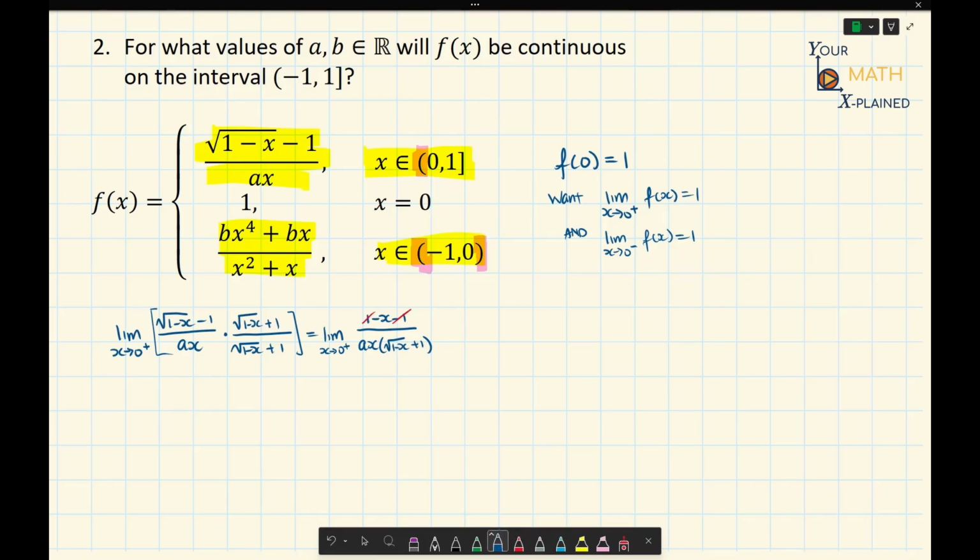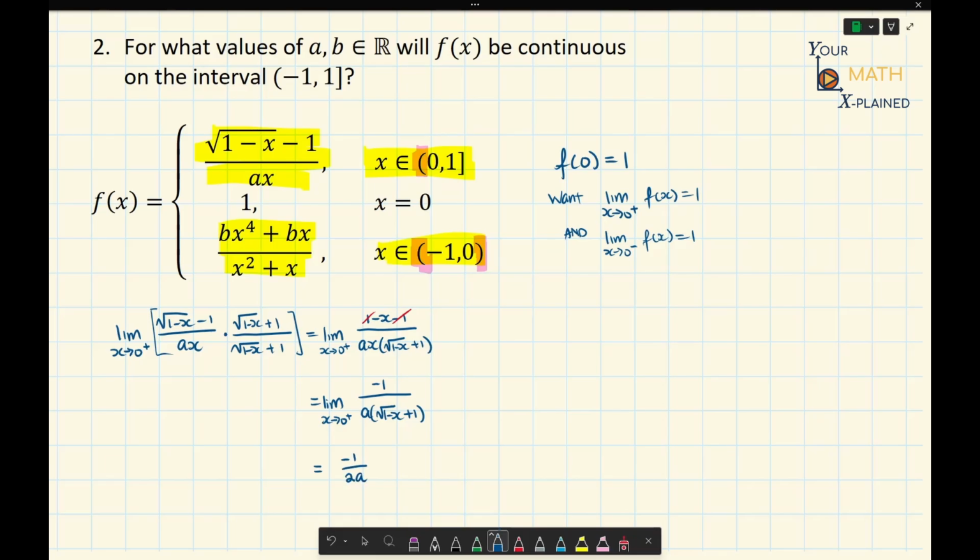And we can cancel out an x from the top and the bottom, so we're left with the limit as x approaches 0 from the right-hand side of negative 1 over a times the square root of 1 minus x, plus 1. And now our denominator is no longer 0, so we can go ahead and use direct substitution. So then this is equal to negative 1 over 2a.